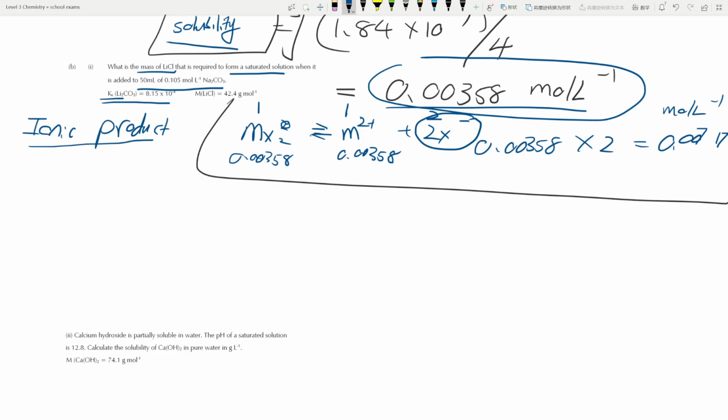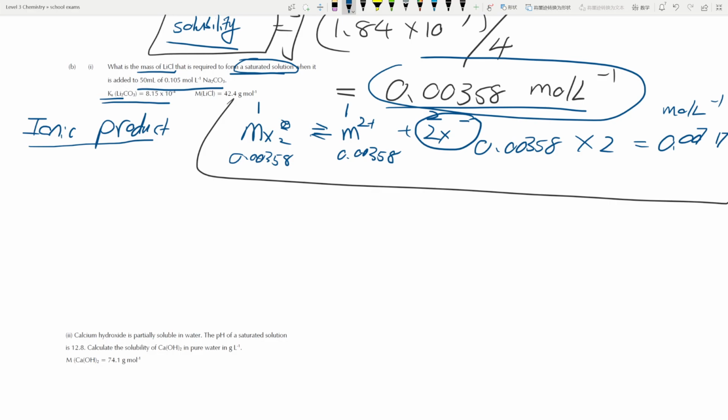If the IP is bigger than Ks, then yeah, you graduated, you have precipitated out of school, you can leave. Okay, so to make a saturated solution, we want our IP to be exactly equal to Ks. So in this case, we want to dissolve just enough of the lithium chloride in the sodium carbonate to make Li2CO3.